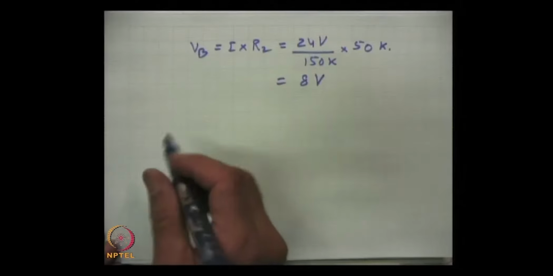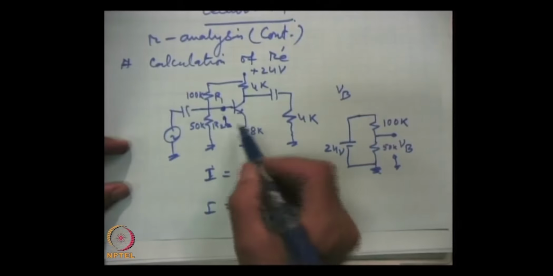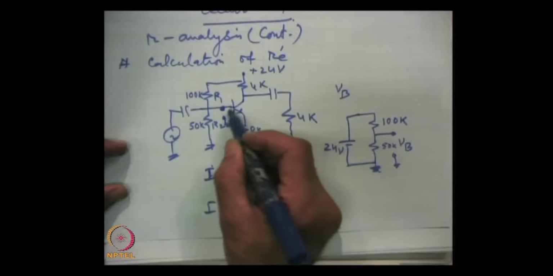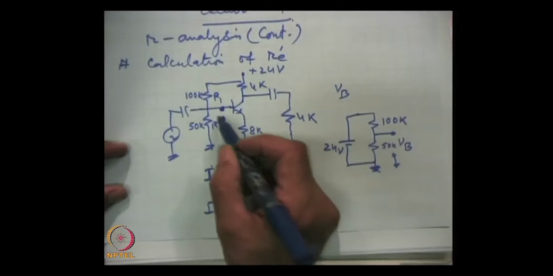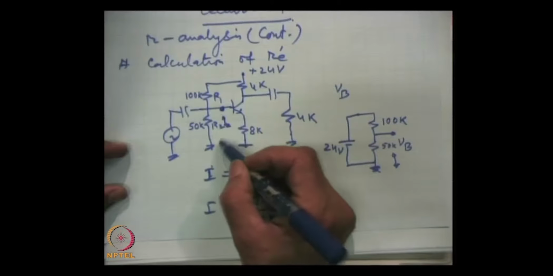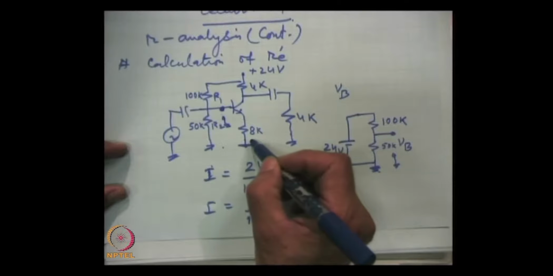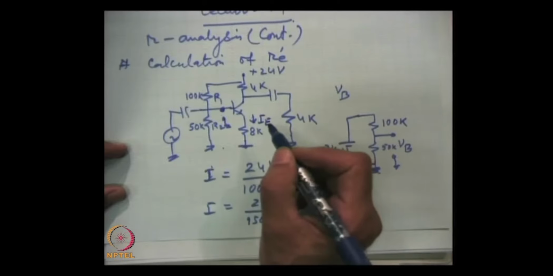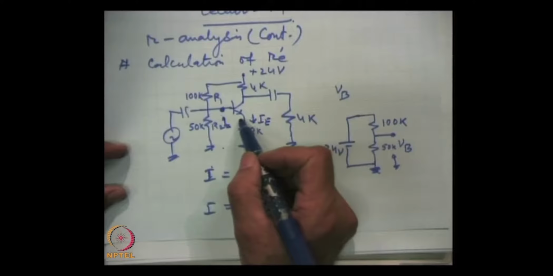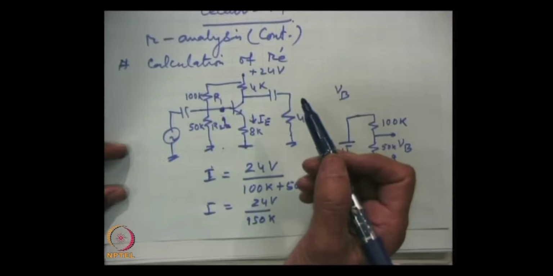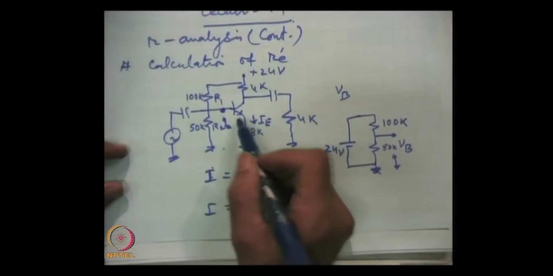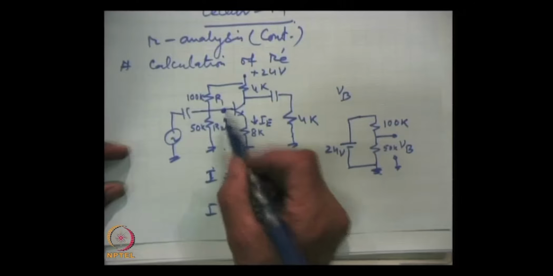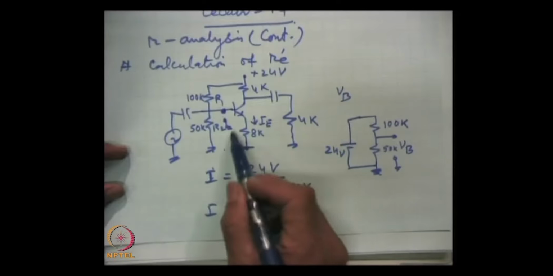So, the I e here, this is the voltage. If we just neglect this voltage which is less in comparison to this, then this total voltage will appear across this, that will give rise to the current I e. Even if we take into account 0.7 volts for a silicon transistor, we can take, but often that can be neglected. Now, this voltage 8 volts drops across this.